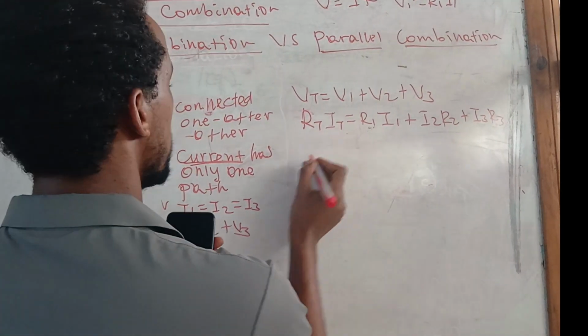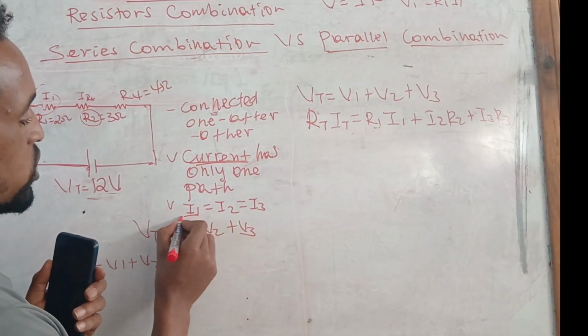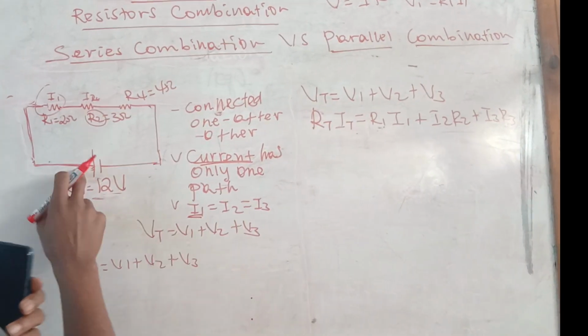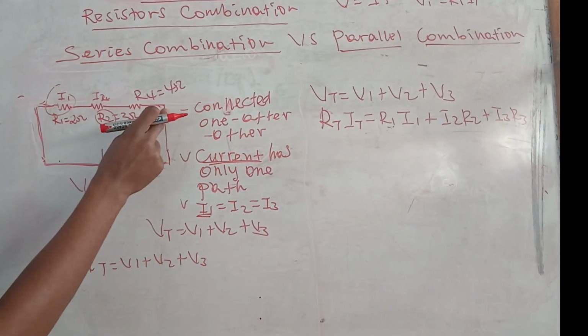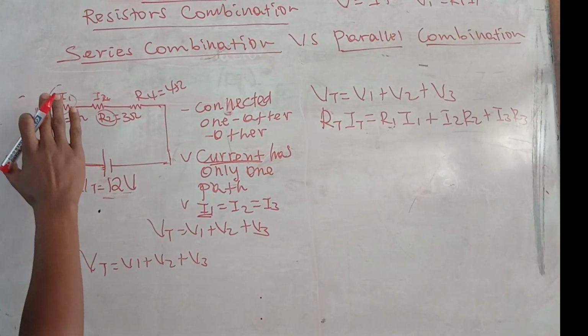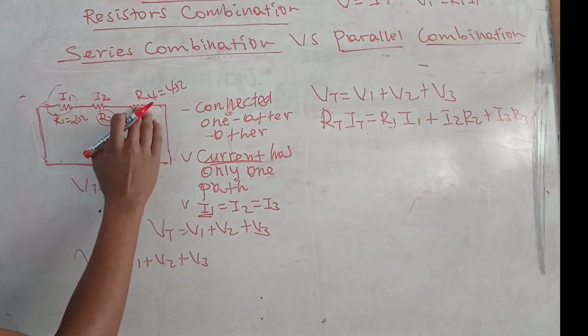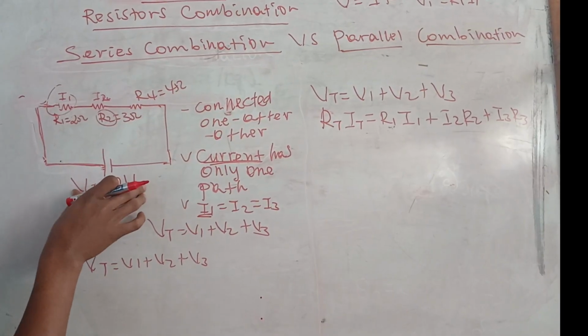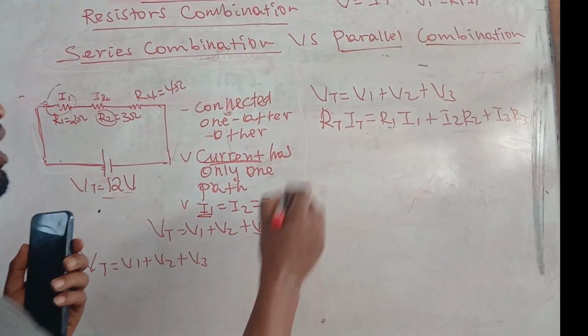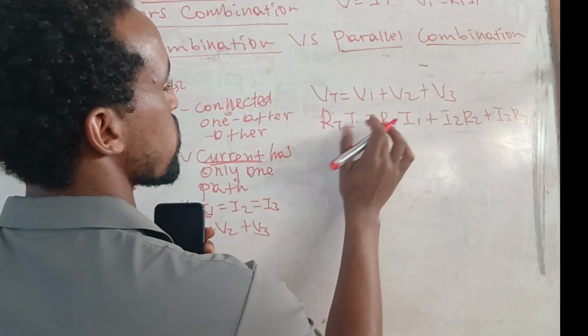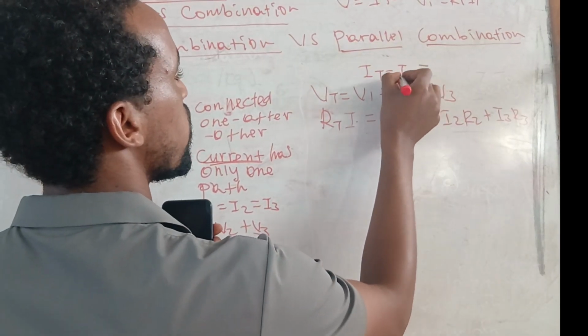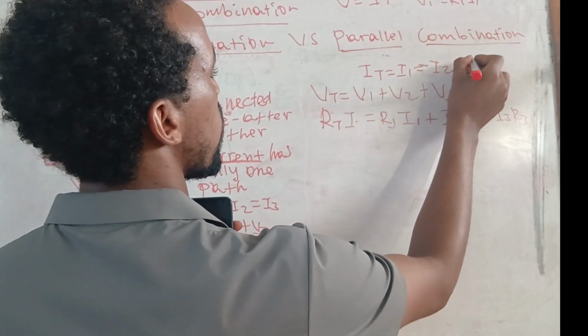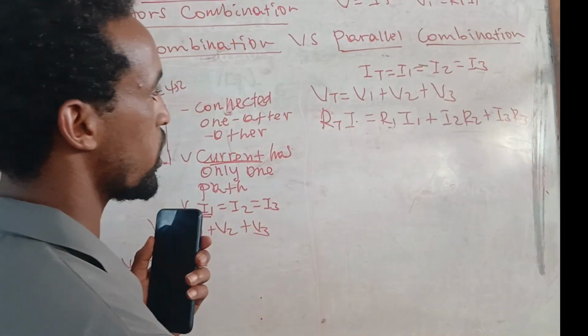The total current from the battery must pass through all the resistors equally. So I total is equal to I1, is equal to I2, is equal to I3. They are equal.